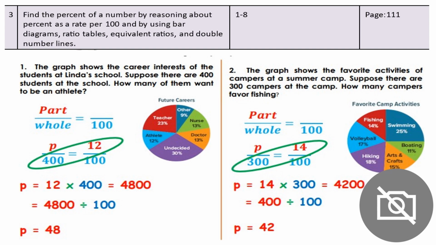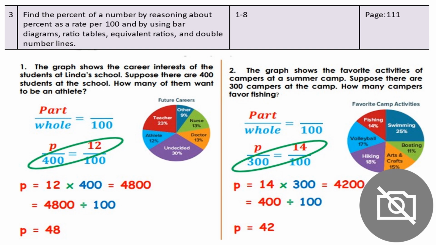See here they have given you a pie chart with the diagram. The graph shows the career interest of the students in Linda's school. Suppose there are 400 students at school. How many of them want to be an athlete? The first thing you have to find is how much athlete is: 12%. 12% means 12 out of 100. Percent we will always write out of 100.